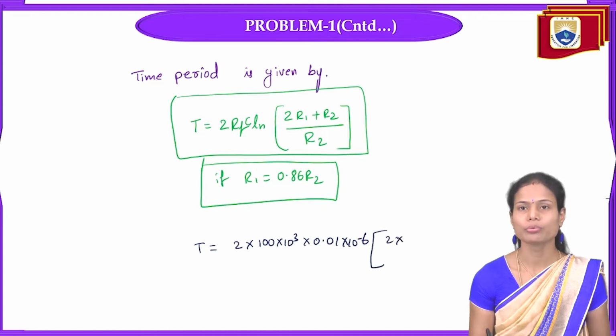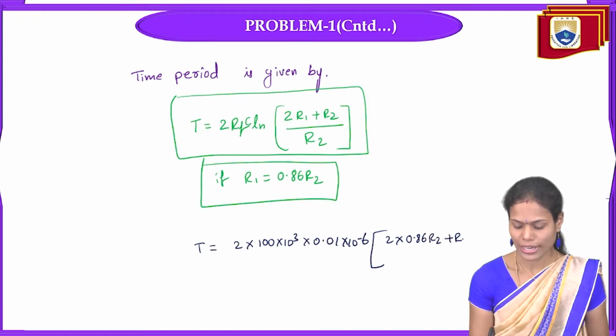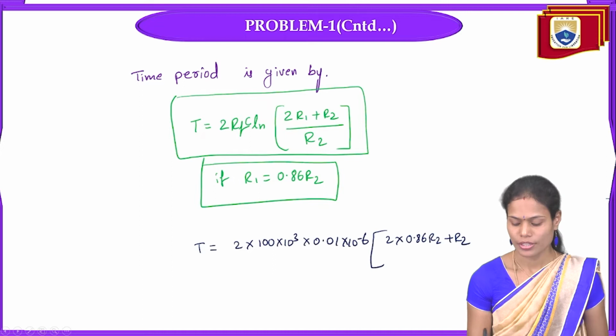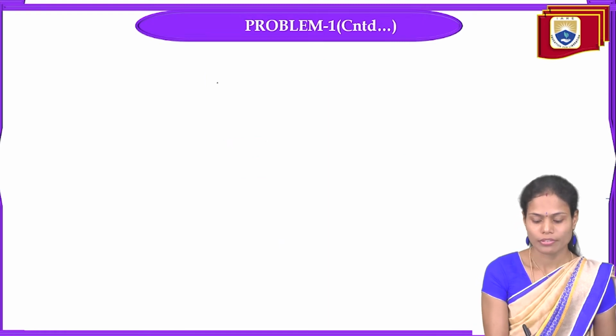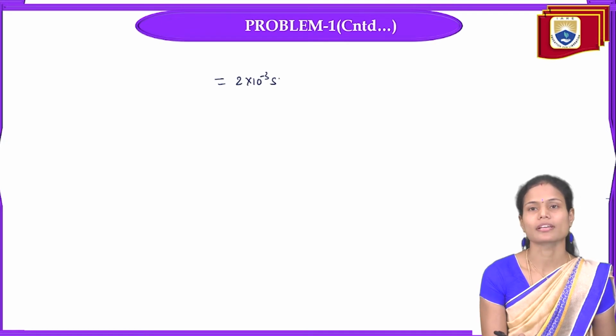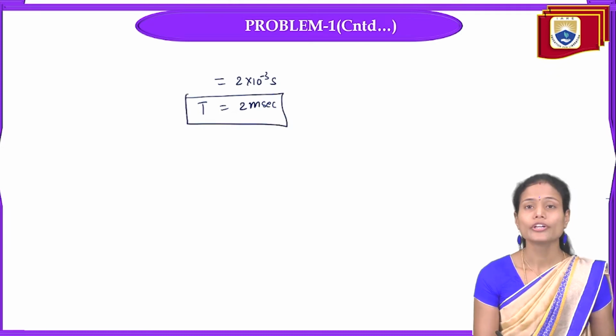When we simplify this, we get 2 into 10 power minus 3 seconds, that is nothing but 2 milliseconds. The T value we got here is 2 milliseconds.